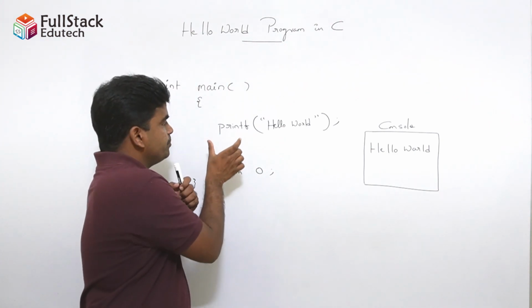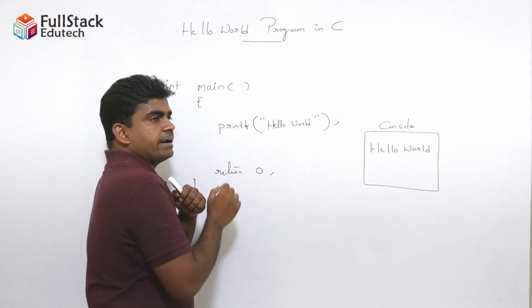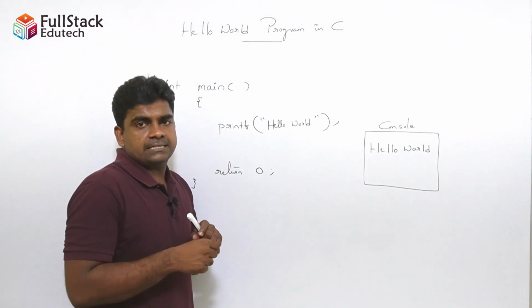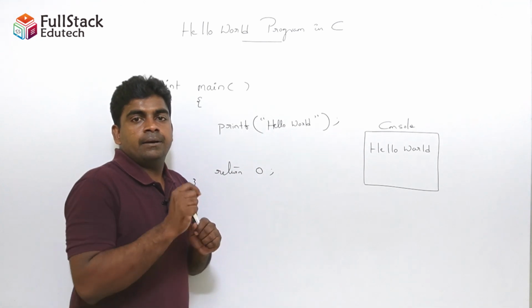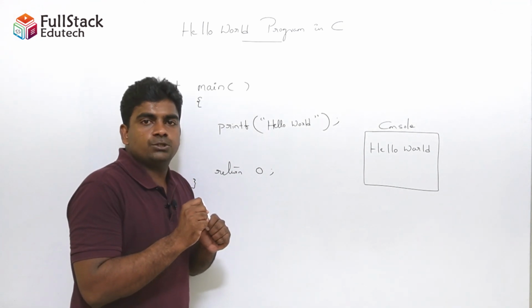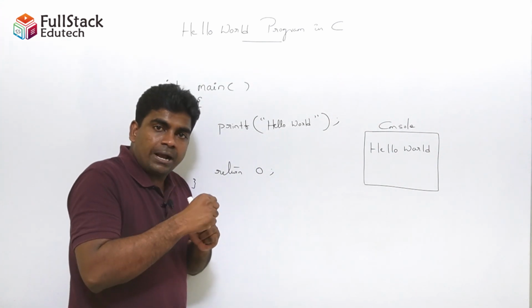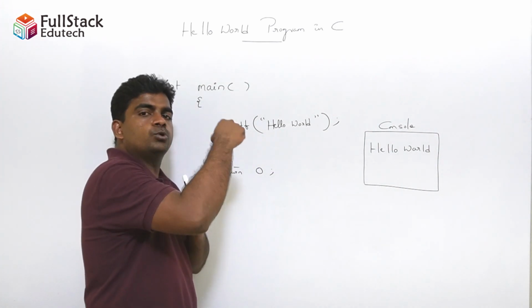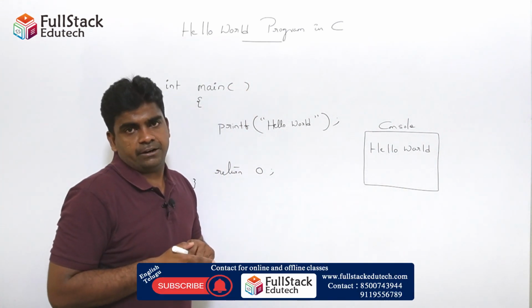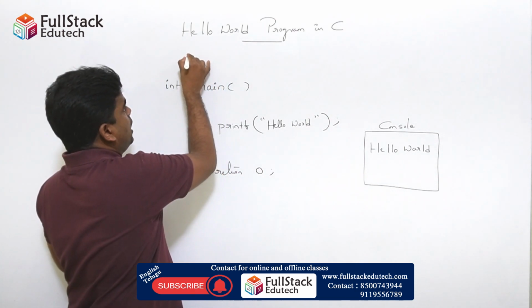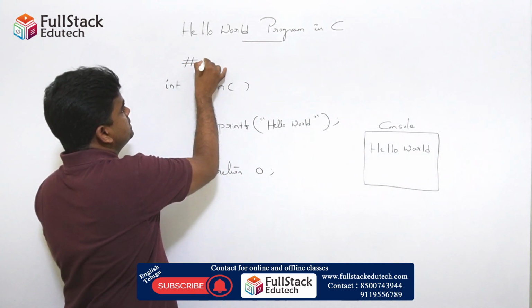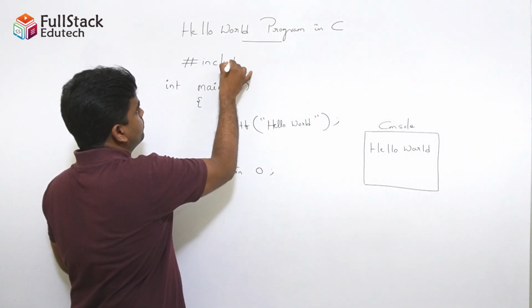But remember, whenever we are using a predefined function, we have already discussed the library. The printf function belongs to the stdio.h header file. So we need to connect our program to that stdio.h header file. How can we connect? Using #include.